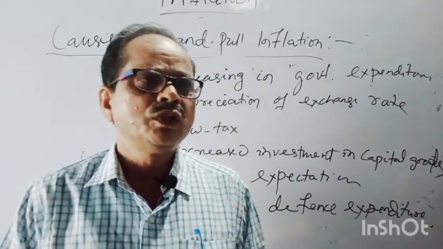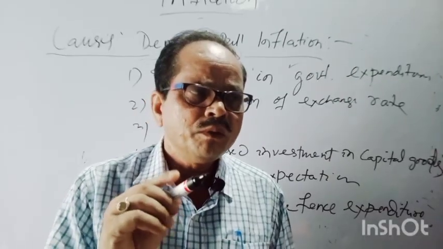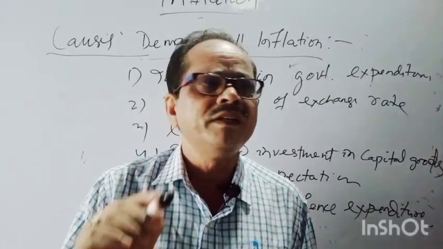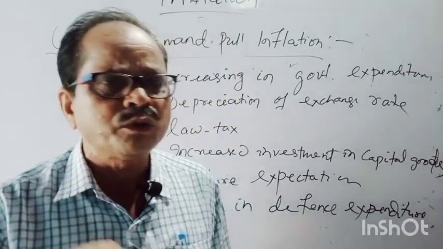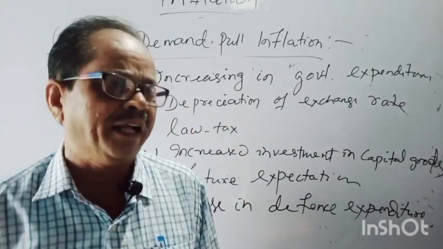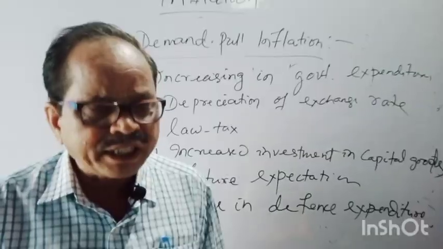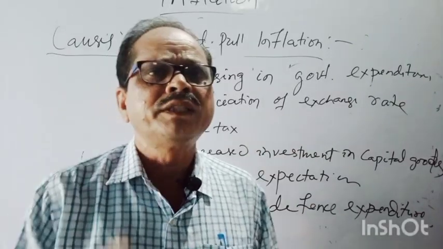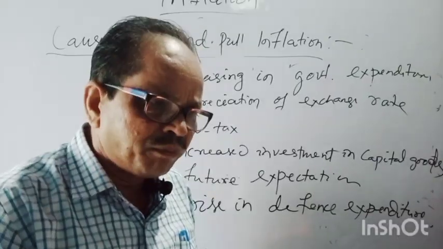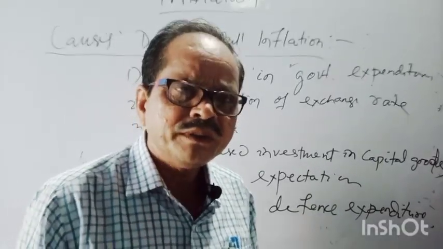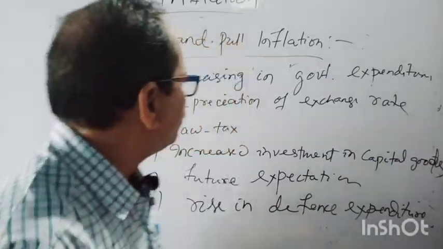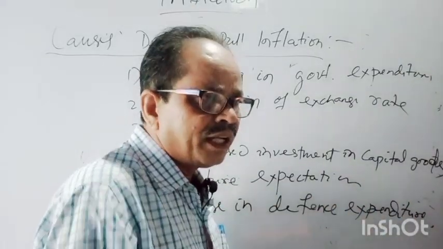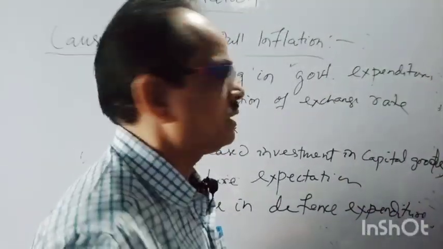Last month, 85 rupees were required to purchase $1, but now 87 rupees or 90 rupees is required to purchase $1. Then our money value has been reduced. So this is the depreciation, when the value of a currency reduces compared to other currencies.